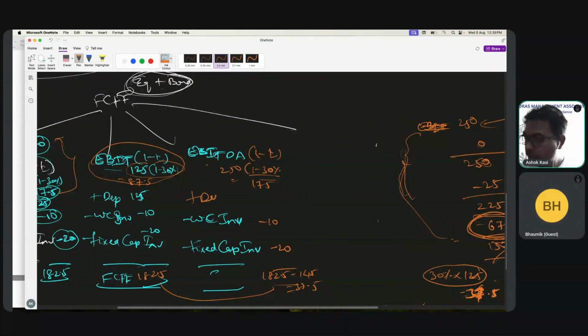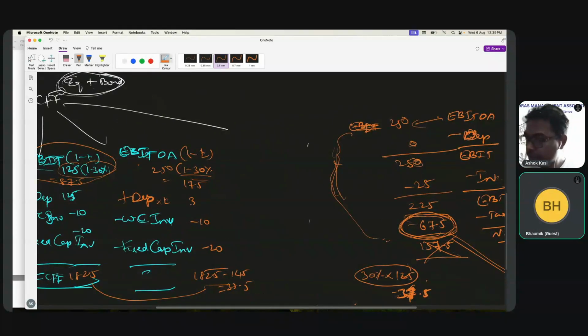I should add back that depreciation tax shield. Depreciation into tax is 37.5. I will add back that. Understood? Now if you add, it will come to 182.5. Is it okay? Understood this one now?